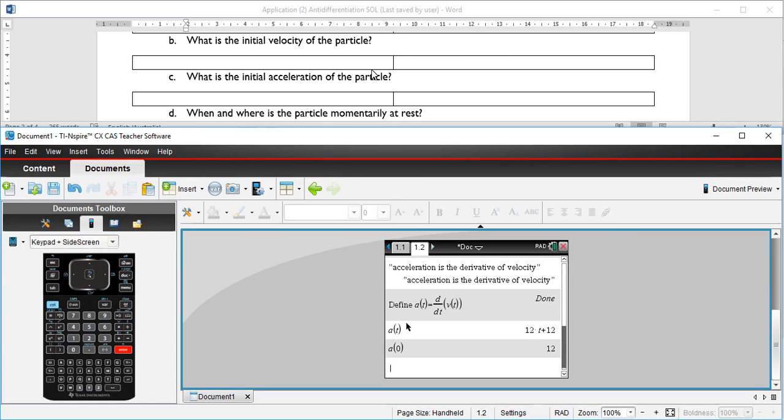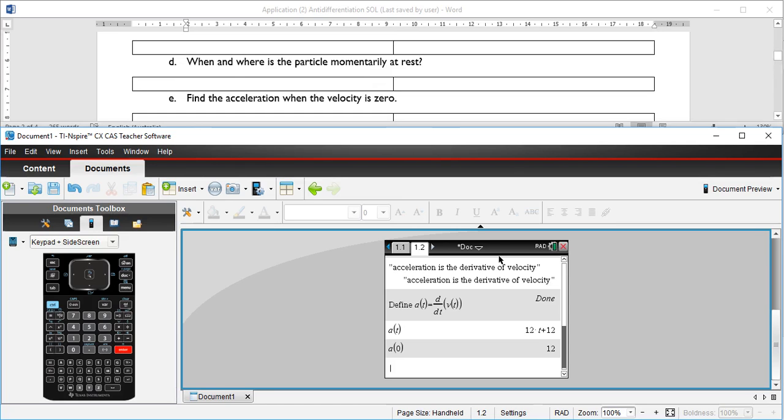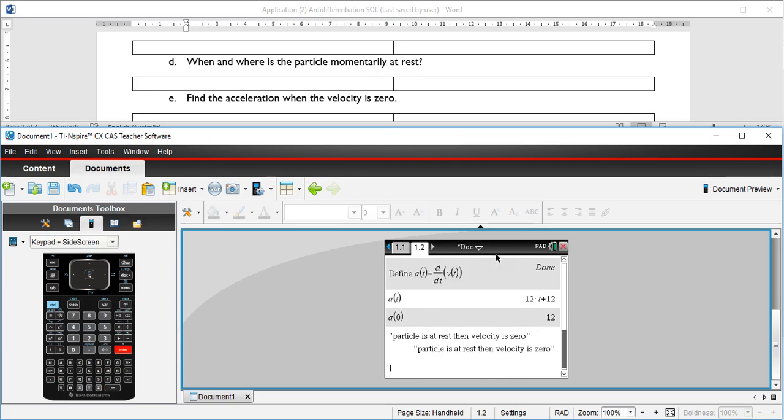When and where is the particle momentarily at rest? If the particle is at rest, then velocity is 0. The when is what t value, and the where is the position. So I'm going to solve v of t equals 0.